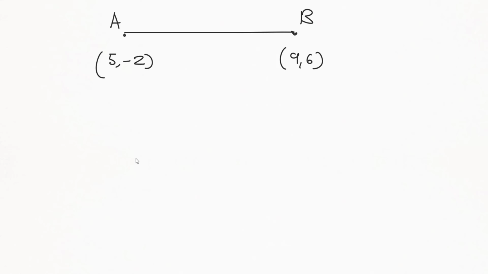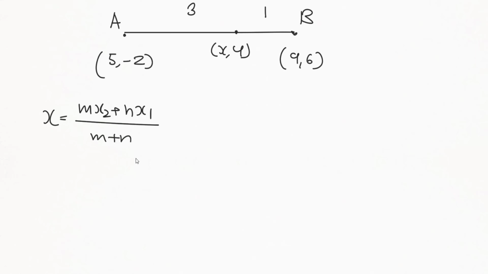2 points are given, A, B. Points are (5, -2) and (9, 6). And we need to find a point that will divide this internally in 3:1. So this point x will be simply mx2 plus nx1 over m plus n, and y will be my2 plus ny1 over m plus n.